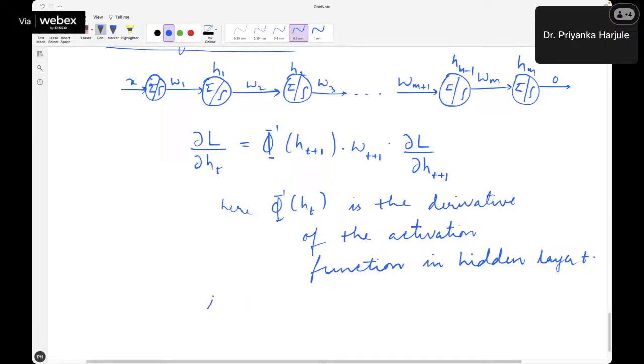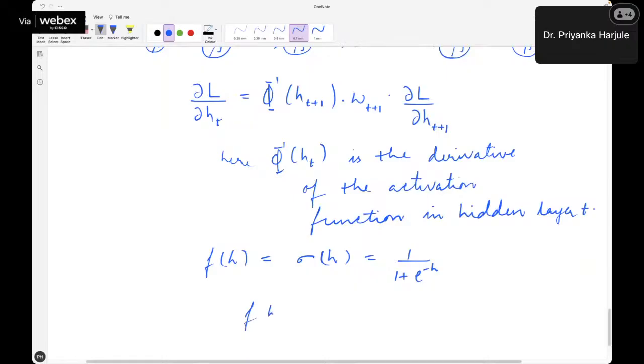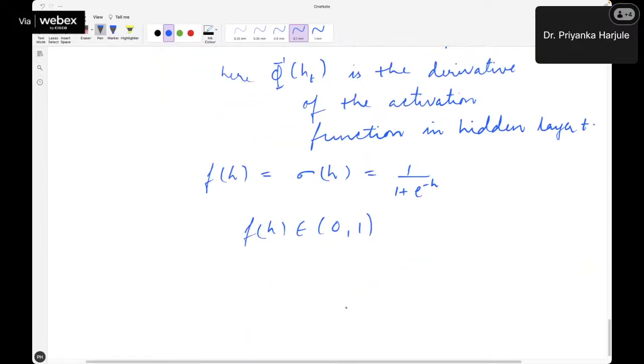So let us have f of h, the activation we are using, as the sigmoid 1 upon 1 plus e power minus h. So your output basically ranges from 0 to 1. Now the derivative of this sigmoid function is f of h times 1 minus f of h.